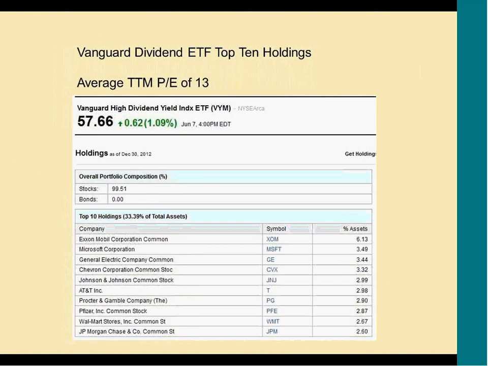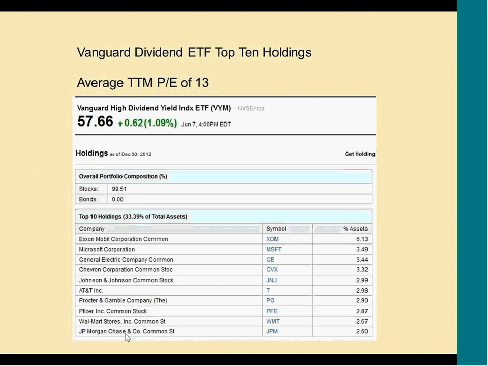That's the trailing 12-month PE of 13. So I consider these as still undervalued. There's a dividend which helps in downturns. It helps put a floor under these stocks. So a very low risk way to approach the market. We can see that these dividend paying stocks have been doing very well over the past year.